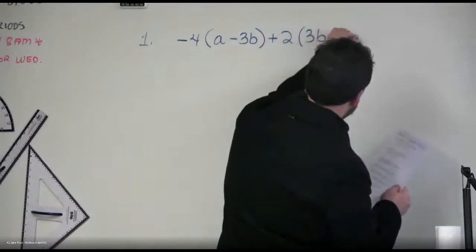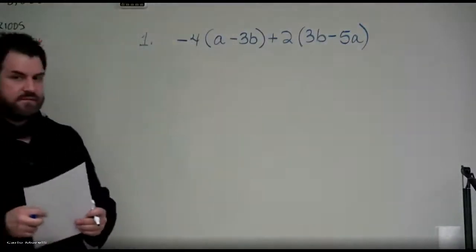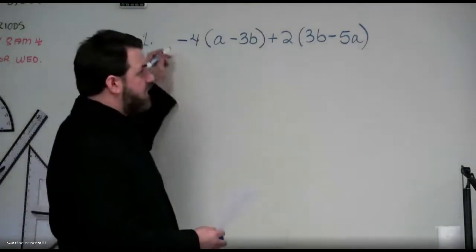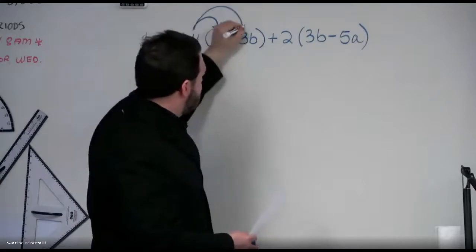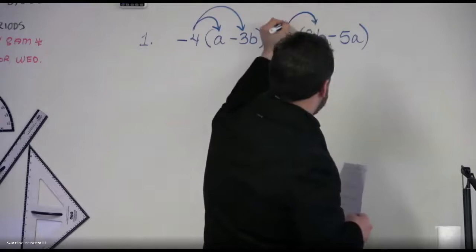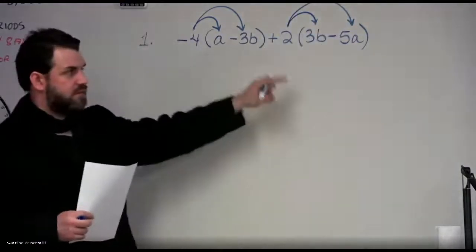So I want to repeat, your task is to simply copy down what I write, okay? So step 1 is to draw your distribution lines like this. This tells you what you're going to do. You're going to distribute, multiply these numbers through these binomials, okay?